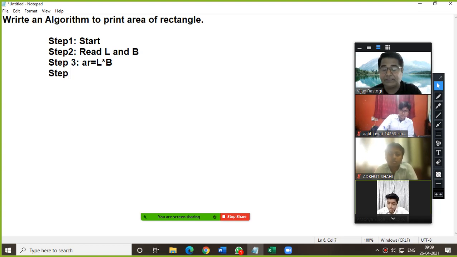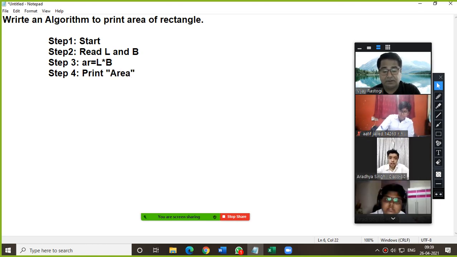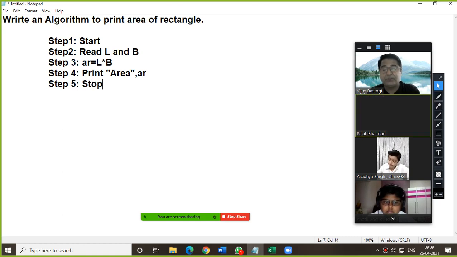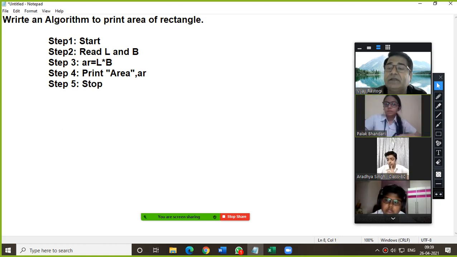Am I clear? Yes, sir. Then step 4 is print area. Step 5 would be stop. So this is the simple solution of the algorithm to print area of rectangle.